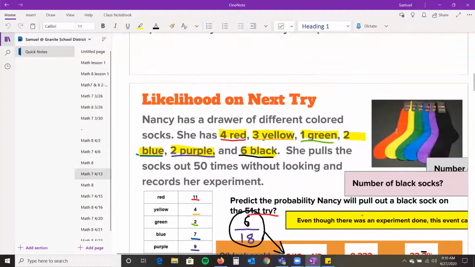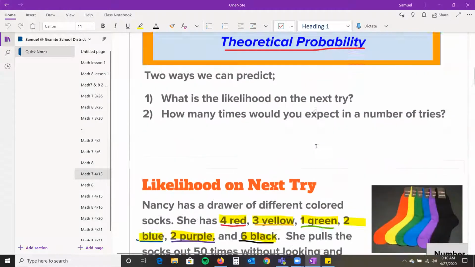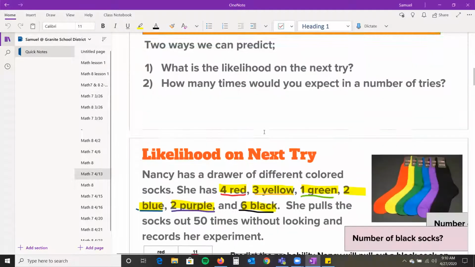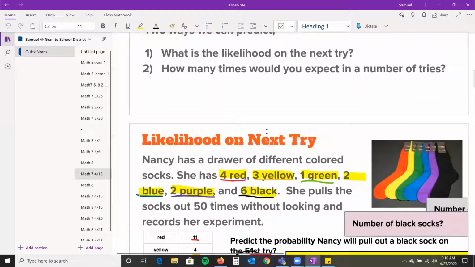So when we first, I think this was one of our first probability days, we were talking about the difference between theoretical versus experimental probability. And we talked about how theoretical is something that you can try to picture. It's a probability that you could determine without actually doing it.